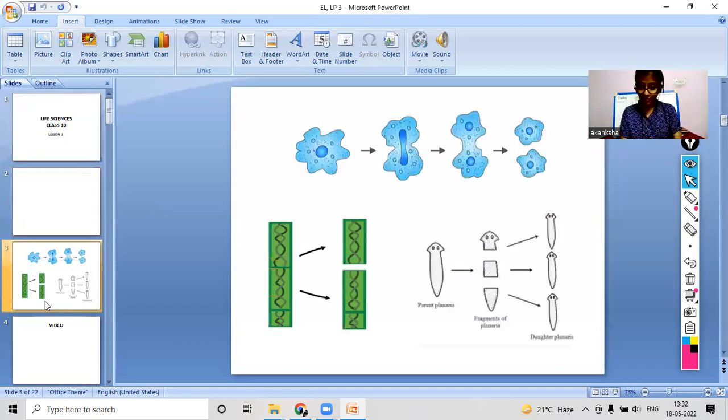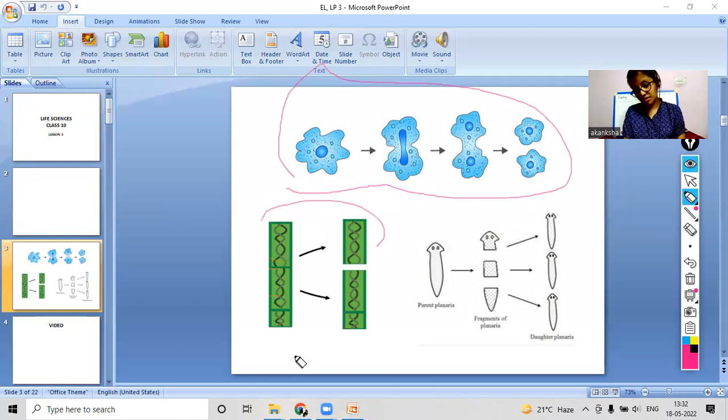These are the diagrams of the three different types of asexual reproduction that we studied. The first diagram shows the fission in amoeba, and the second diagram shows the fragmentation in Spirogyra.